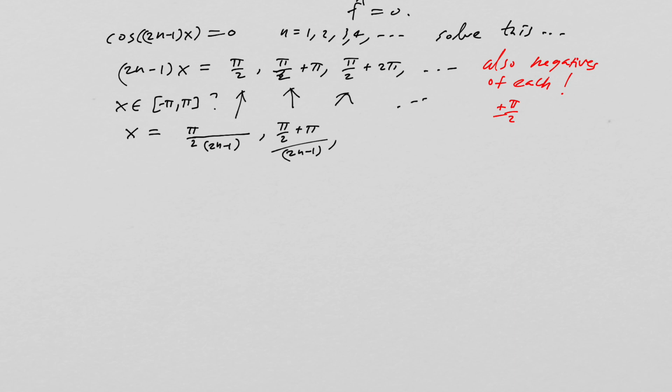One way to write this is to write our x as an x sub k, and we're going to write it as pi over 2 plus k minus 1 times pi, all over 2n minus 1.